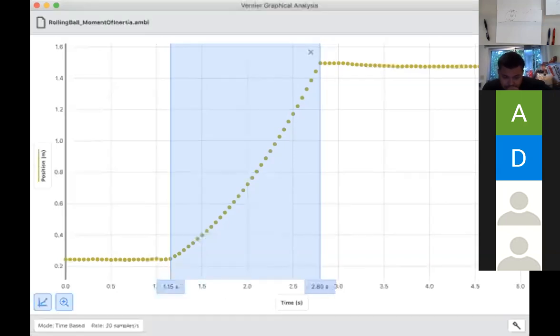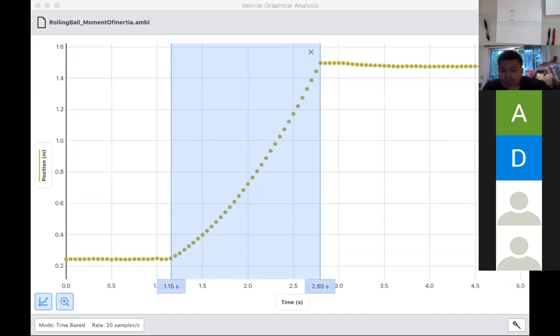Okay, so for this particular setup, let's see here. For this particular setup, our angle, oh, come on, where's my angle? Oh, goodness.